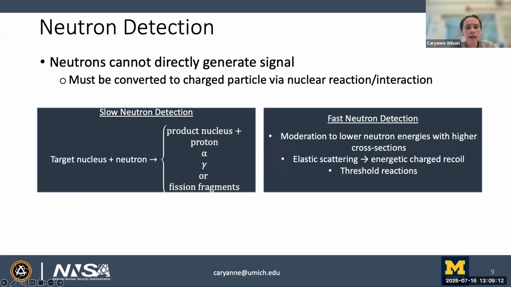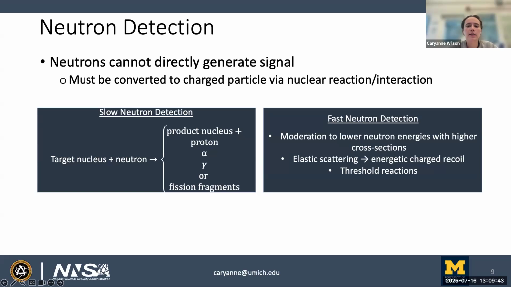But the neutron has to interact with the detector material in a way that will eventually emit or create some kind of additional particle that will then cause ionization. So slow neutron detection is typically absorption reactions, where the neutron will be absorbed and a nuclear reaction occurs, transmuting the target nucleus into a product nucleus and a proton, alpha, or gamma ray.